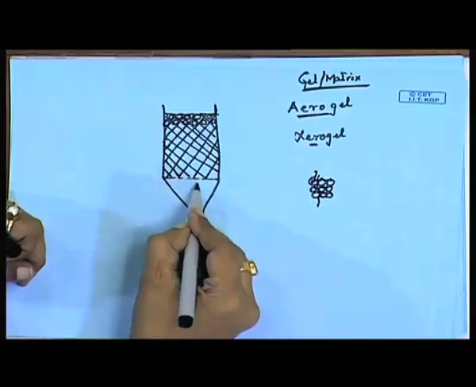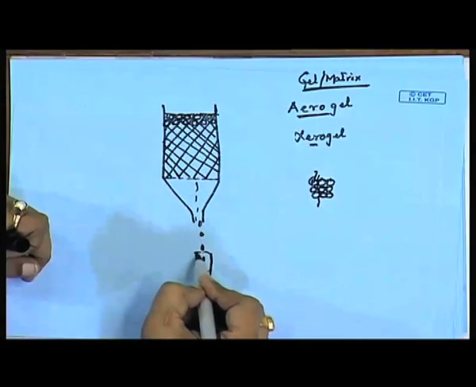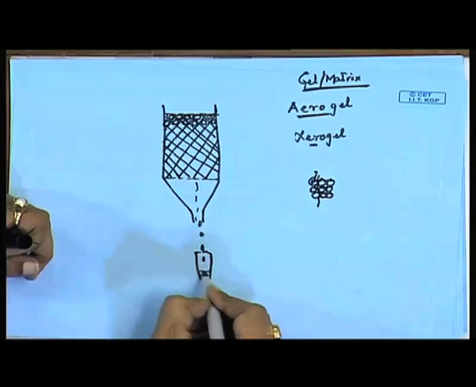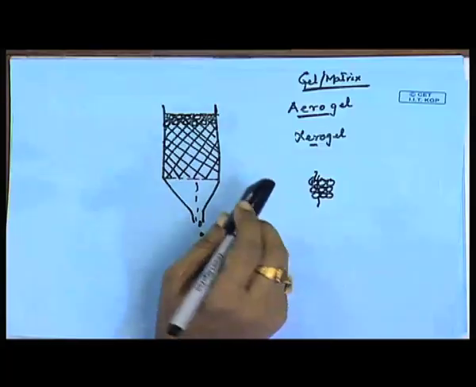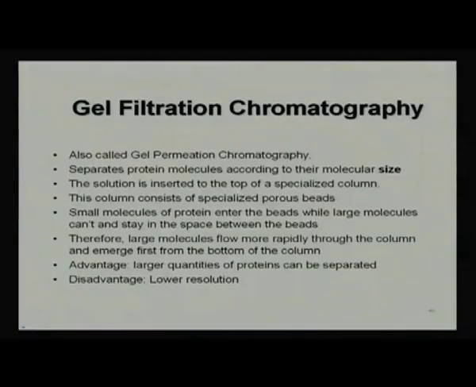The small molecules enter from one bead to the other, and ultimately come out of the column, and we collect them in different fractions. This is the fractionation of the macromolecules or the mixture of molecules.